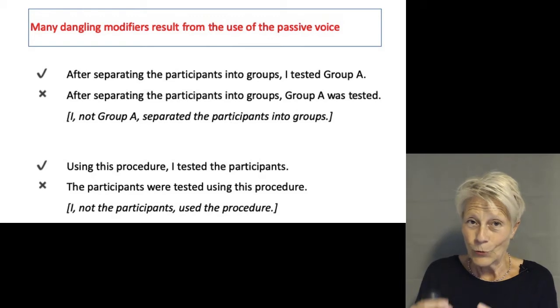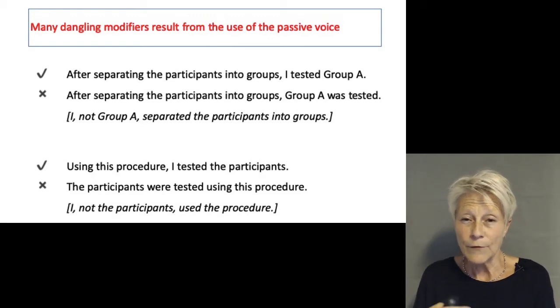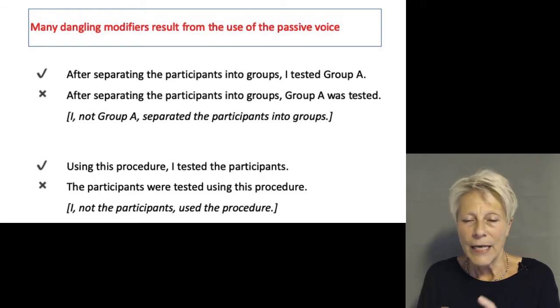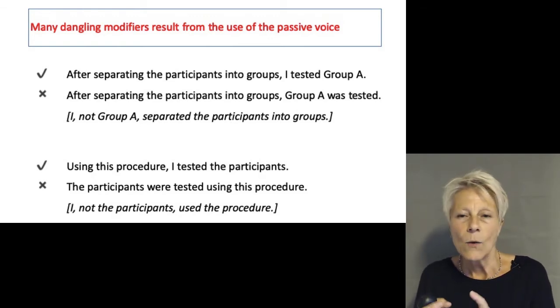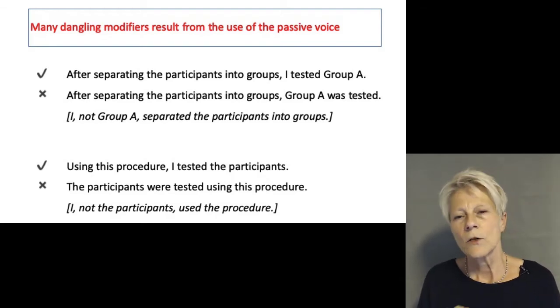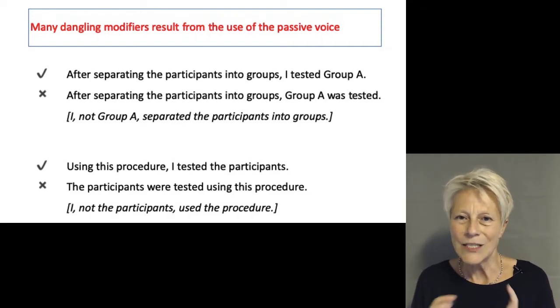I wanted to convert the sentence into the passive to take myself out of the sentence, no I anymore. But now I state that group A was tested after the group separated the participants into groups, which is nonsense. So the conversion to the passive may cause these awkward constructions.